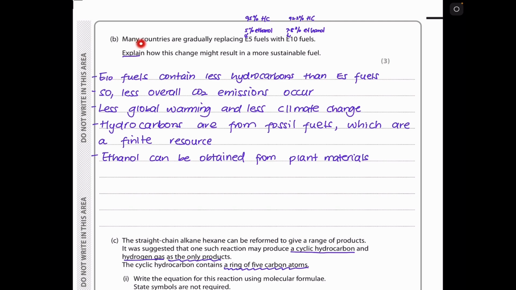In part B, they say many countries are gradually replacing E5 fuels with E10 fuels. Remember, this is the composition of E5s, and that is the composition of E10s from the question. Let's explain how this change might result in a more sustainable fuel. If we look at E5, there is 5% ethanol, but here there is 7.8% ethanol, meaning fewer hydrocarbons are used.